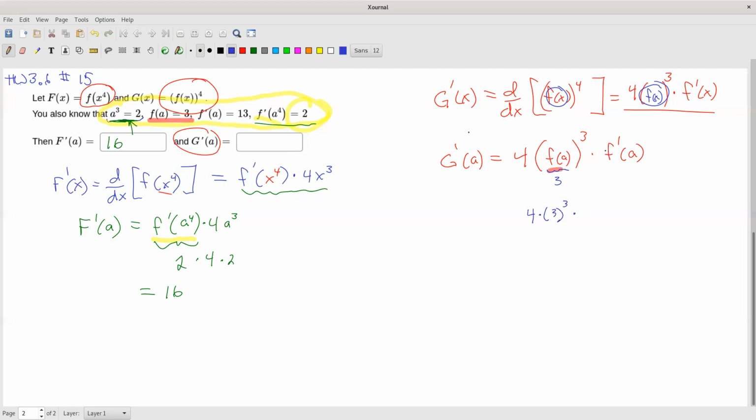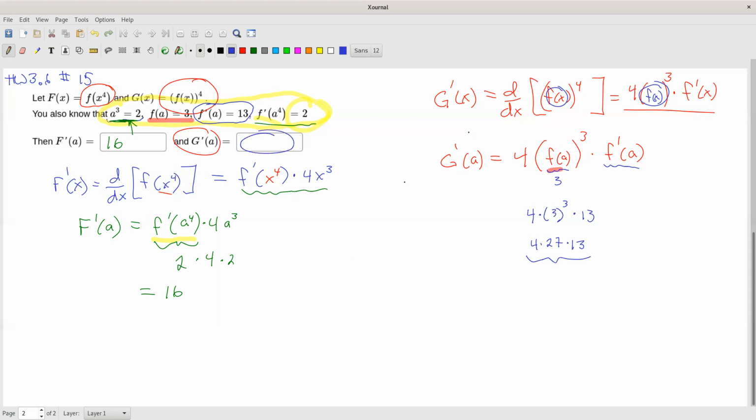And then do we know what f prime of a is? And that is right here. F prime of a is 13. 3 cubed is 27 times 4 times 13. And it is calculator time. So we have to then plug that into our calculator, and that's going to be our g prime of a.